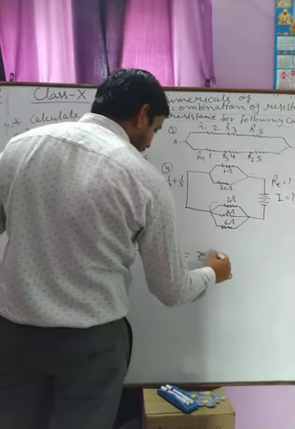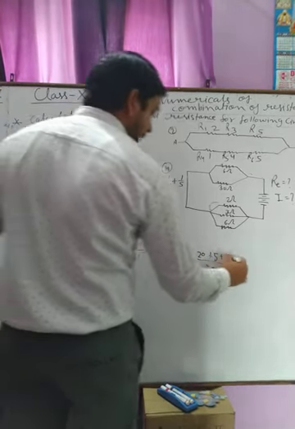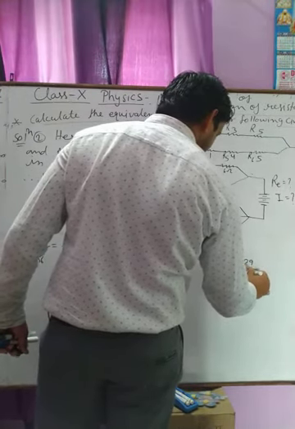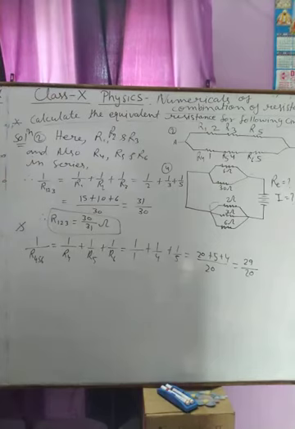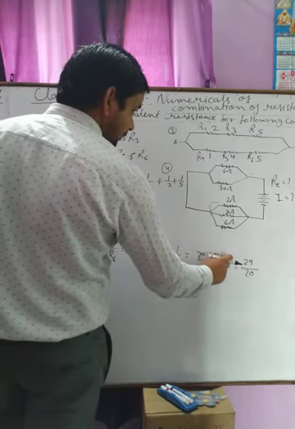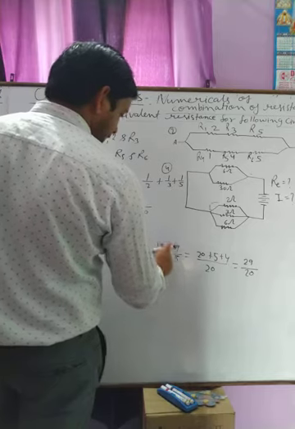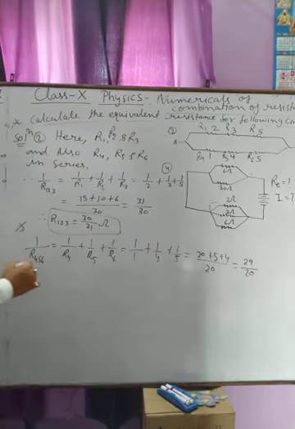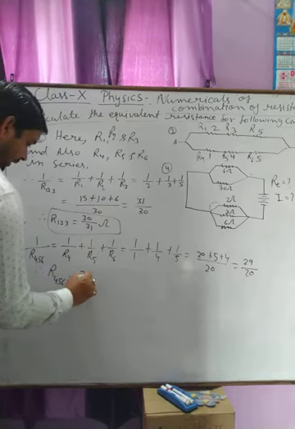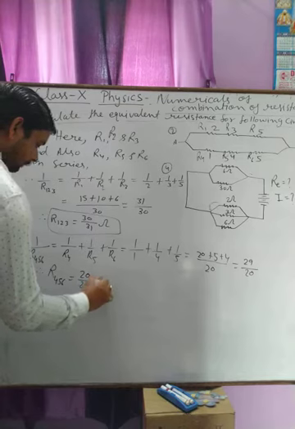Here is 5 and here is 4. It will become 29 upon 20. Okay. Therefore, R456 is equal to 20 upon 29 ohm.